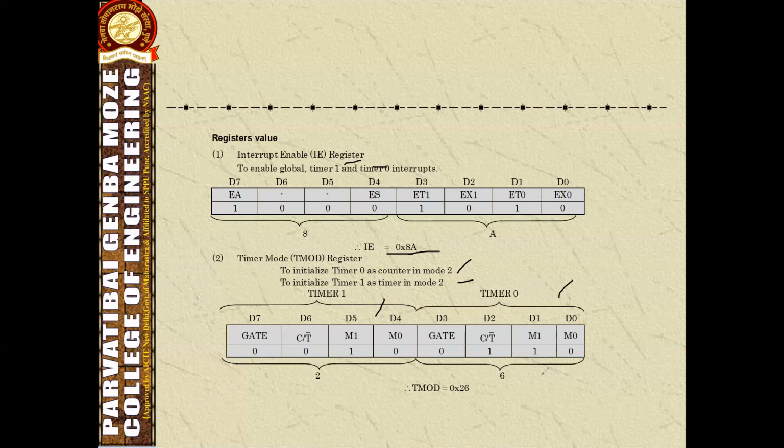M1, M0 make it mode 2, and this is also mode 2, and C/T bar should be high for this and low for that. So this gives the data 26, which we pass in the program, and both timers will enter mode 2.